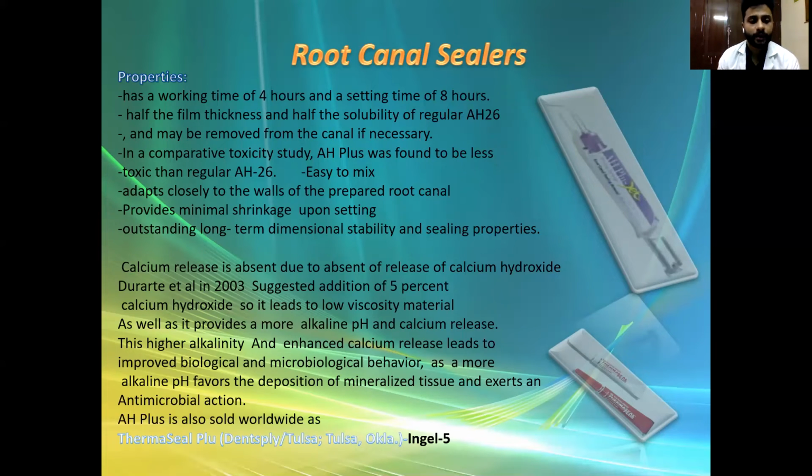Duarte et al. in 2003 suggested addition of 5% calcium hydroxide, which leads to low viscosity of the material as well as more alkaline pH and calcium release. This higher alkalinity and enhanced calcium release leads to improved biological and microbiological behavior, as a more alkaline pH favors the deposition of mineralized tissue and exerts an antimicrobial action.